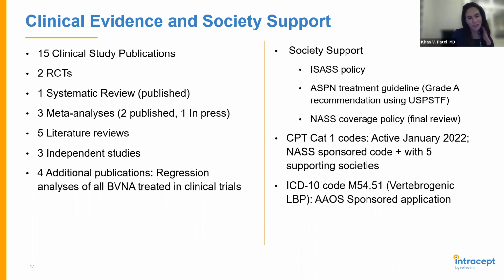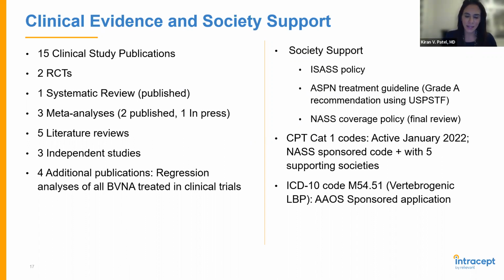So, if we look at the evidence and the presence of basivertebral nerve ablation in our field, we see that there are 15 clinical study publications. There have been 2 randomized control studies, 1 systematic review published earlier this year, 3 meta-analyses, 5 literature reviews, and 3 independent studies. We have significant society support as well.